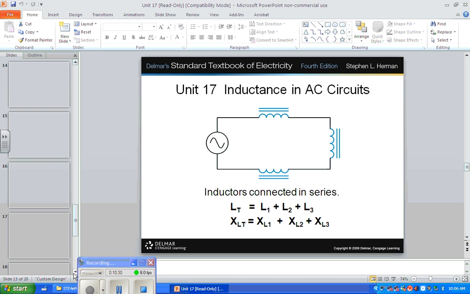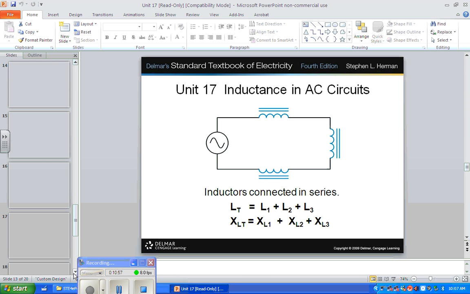Okay. Inductance in AC circuits. Now you can, in series, inductors can be added up. Does that mean that the inductive reactance can be added up in series? Absolutely. So inductors, you will treat them just like a series resistor. In parallel, what do you think you do?